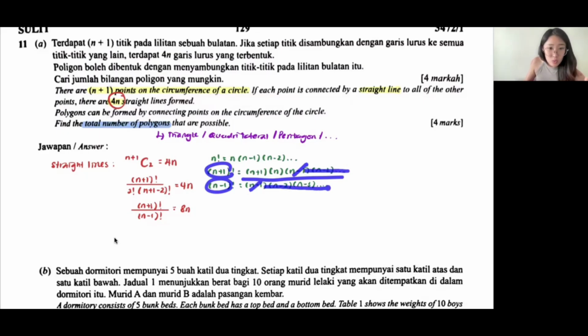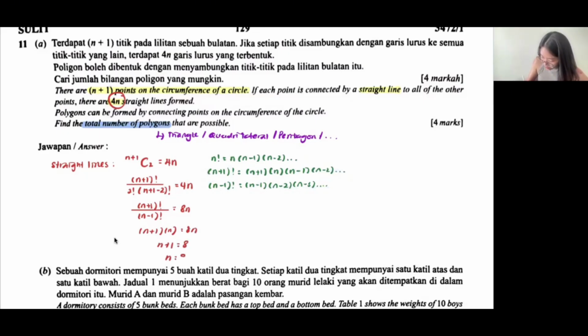So what you are left with is these 2 terms only. So that will be n times n plus 1 equals to 8n.